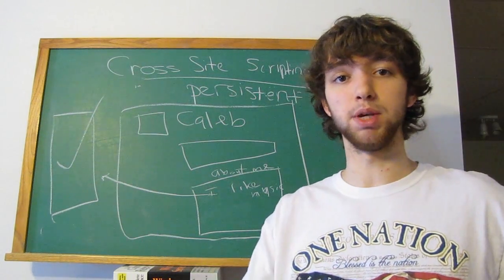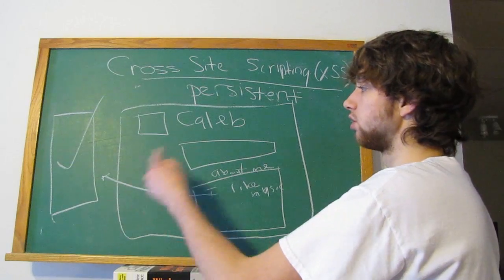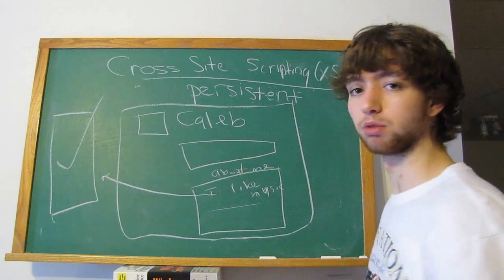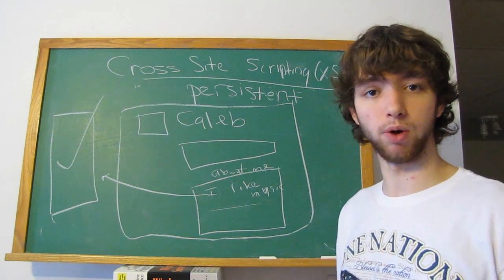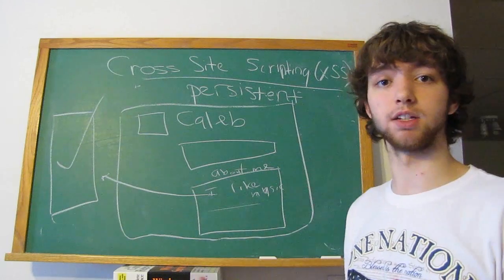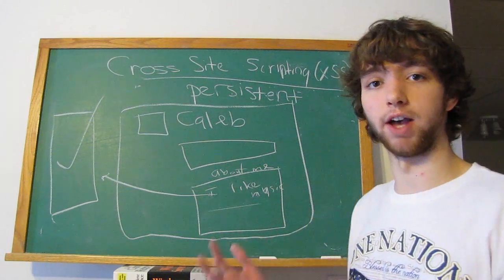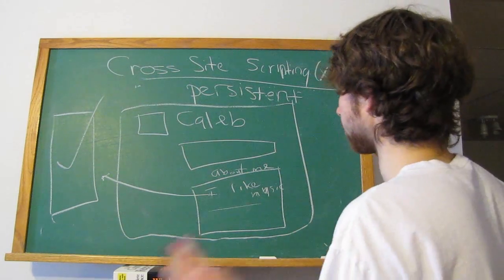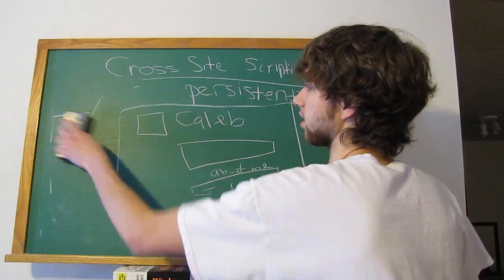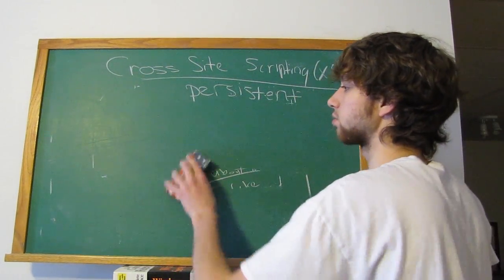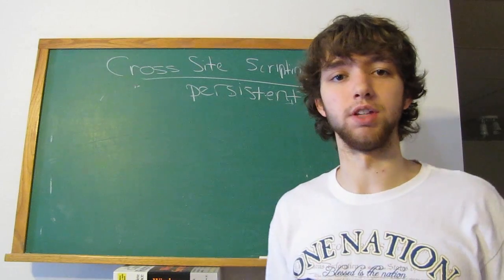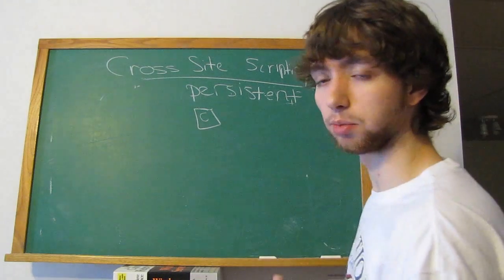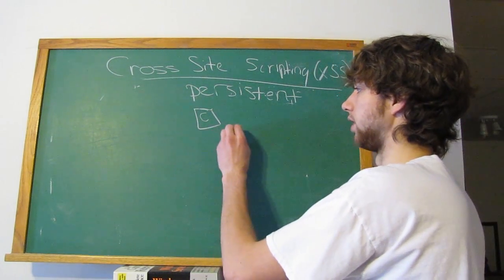Now, when Billy or Bob or whoever goes to this web page, this profile, this script, either through a link or hidden on the web page, will be executed, which will then affect Bob, and so forth. Now, there's a type of cross-site scripting where the actual script affects all of the users the same. So we start with the hacker. So let's say I'm the hacker, Caleb, and Bob views my web page.